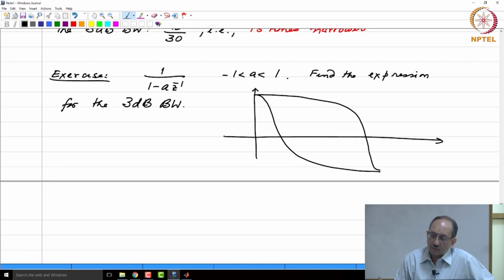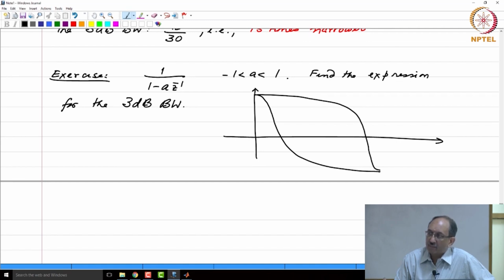Whereas if you have only zeros to work with, as in the FIR case, if you want similar frequency response characteristics, you will have to increase the order.